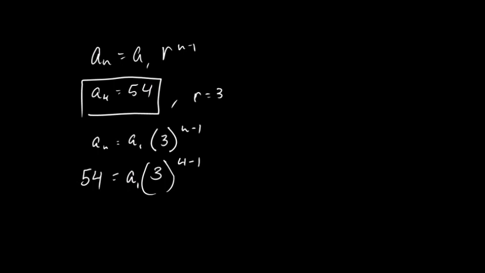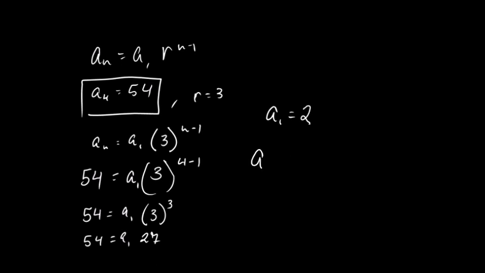So I do have one unknown at this point, which means I can solve for a sub 1, my first term. 3 to the third power times a sub 1 equals 54. 3 to the third is 27. And I would divide each side by 27 and get a sub 1 equal to 2.